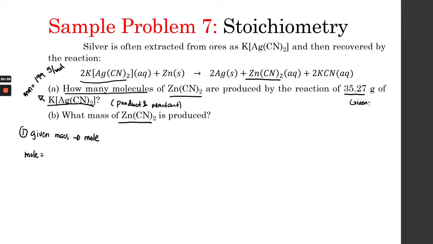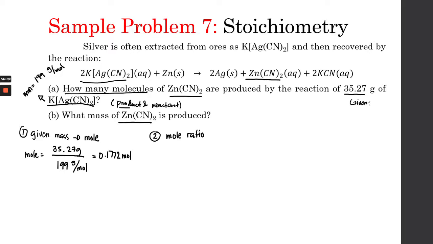So the moles is equal to 35.27 grams divided by 199 grams per mole. And the moles of our reactant, KAg(CN)2, is equal to 0.1772 moles. For the second part, you guys remember, use the mole ratio.